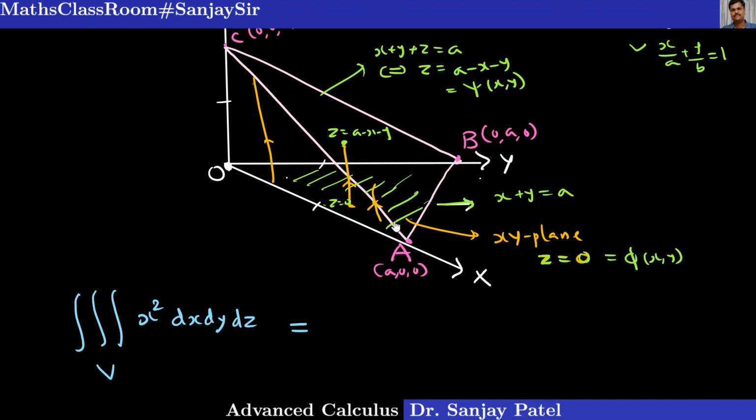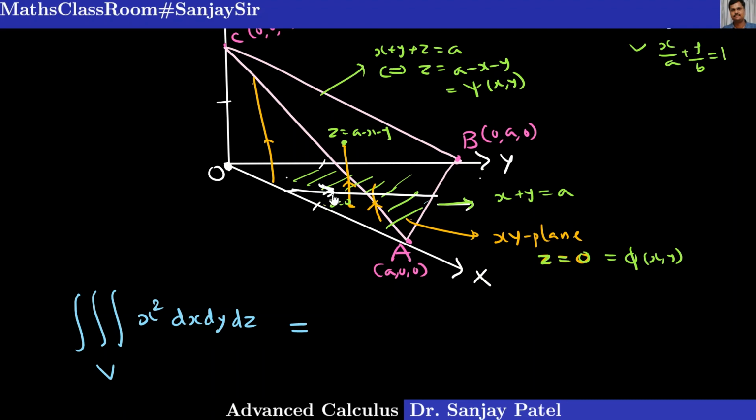Then to determine the limits of the next variable, that is y, we take again, in a similar way as in the double integral, a strip parallel to the y-axis. So if we take a strip parallel to the y-axis, something like this, any strip parallel to the y-axis, this is the y-axis. So if I take a strip parallel to the y-axis, it goes like this.